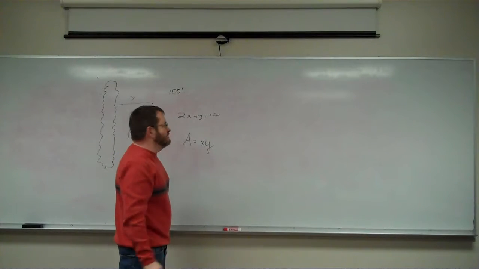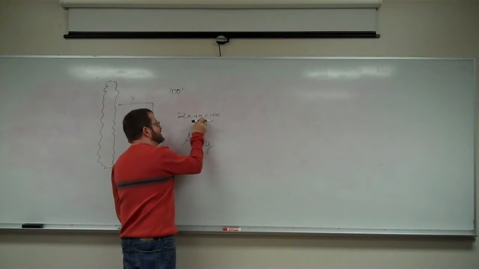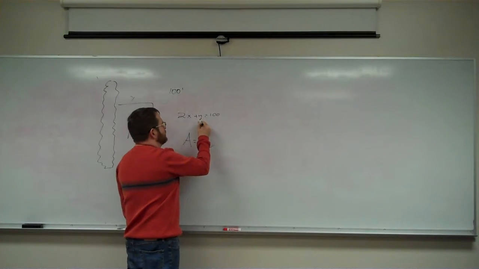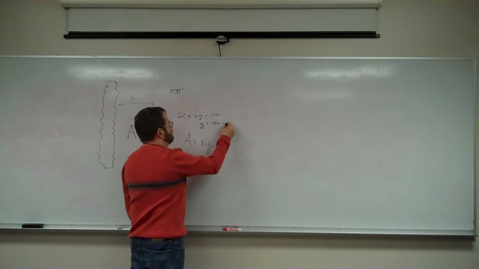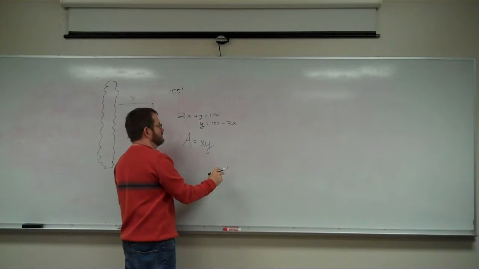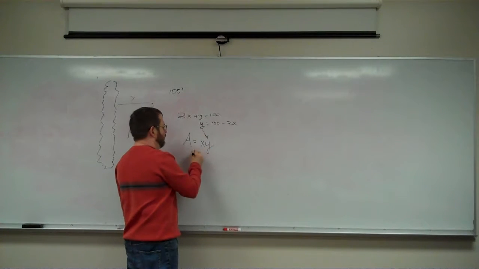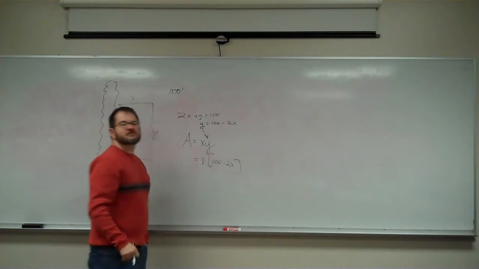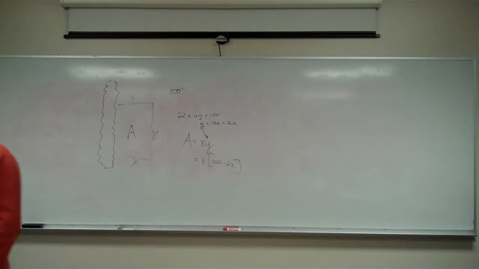What the book suggests as a problem strategy is get everything except, in this case, the y on one side, and then substitute that in. So y equals 100 minus 2x. And then plug that in here for y. So x times 100 minus 2x is the area, just depending then on one side.